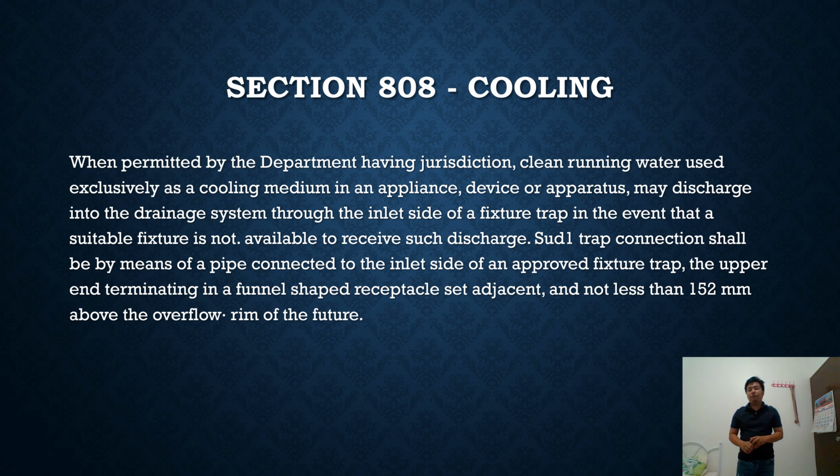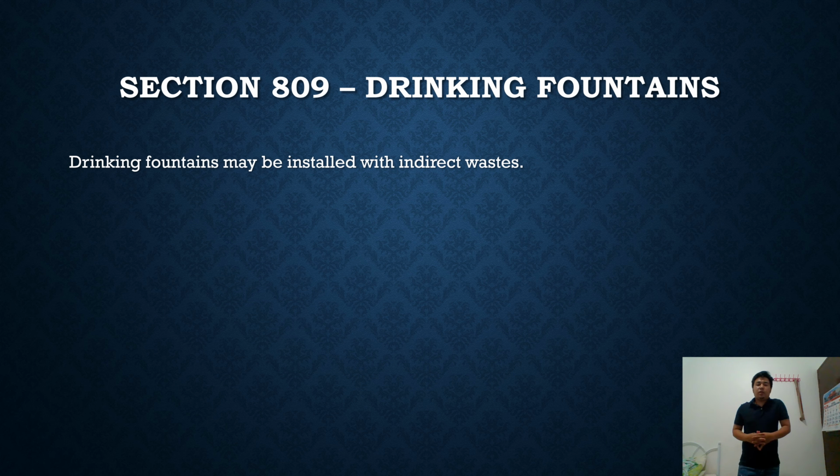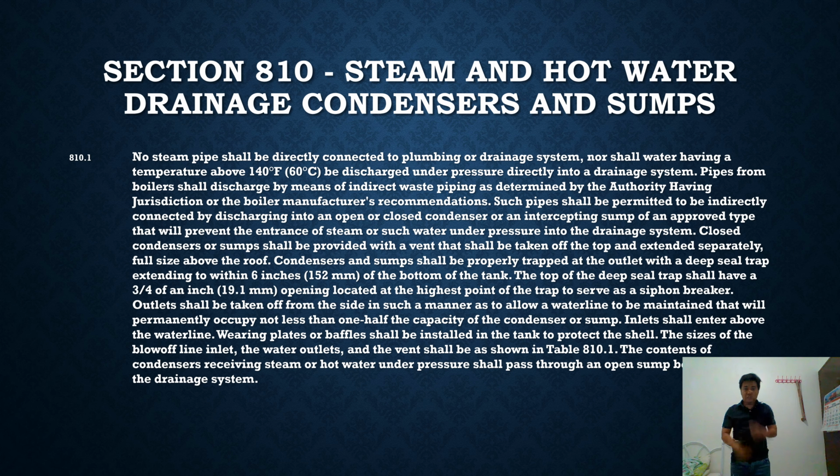Section 809, drinking fountains. Drinking fountains may be installed with indirect waste. Section 810, steam and hot water drainage condenser and sumps. In this section, it discusses condensers.